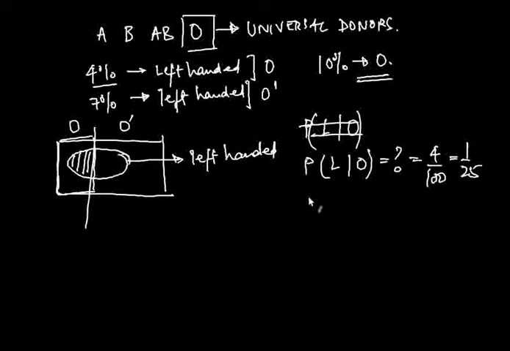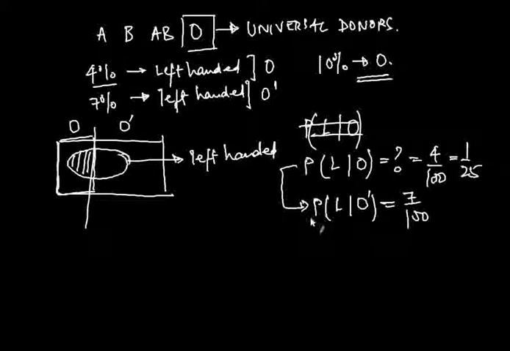And if I were to ask you the same question, that given that a person does not have blood group O, what's the probability that he is left-handed? Well, the answer to that is also very simple. We've been told that it's 7 by 100. And the last bit, which was that 10% of the population has blood group O, well, that's very simple.